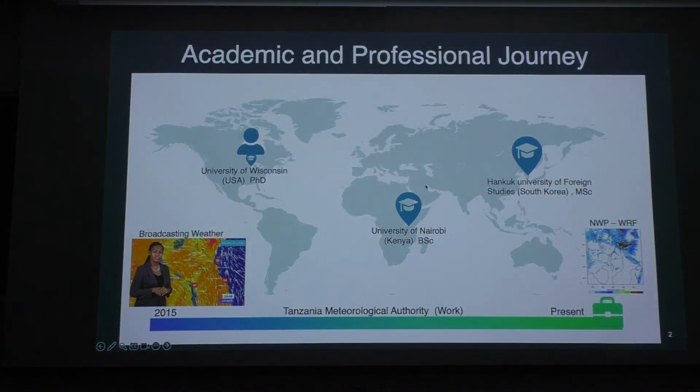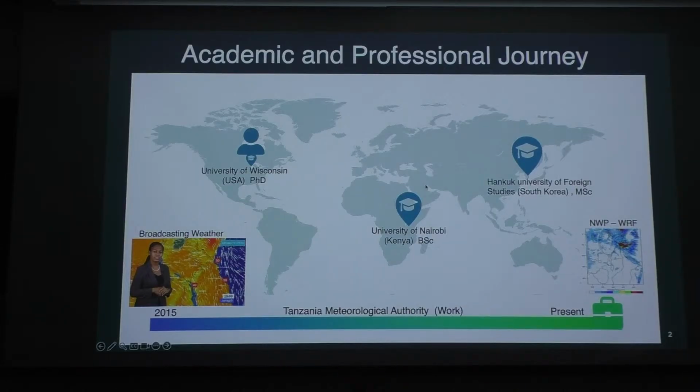To start with, because many people don't know me, this is how my professional journey started. I started in Nairobi University. Actually, my mom is a meteorologist, and she's watching all the way from Tanzania now. My parents and siblings are all alive. She has been my role model because she's a meteorologist.